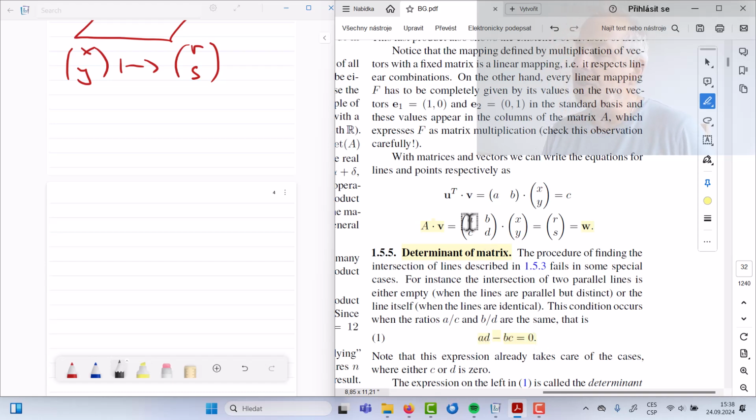So you can see that if the two lines are two rows in this matrix, and they are scalar multiples, so the second vector would be just a rescaled first one, then we have to see that R and S are in the same ratio. And if not, then it's two parallel lines which are different and there is no intersection, and if yes, then all of the line is the solution.